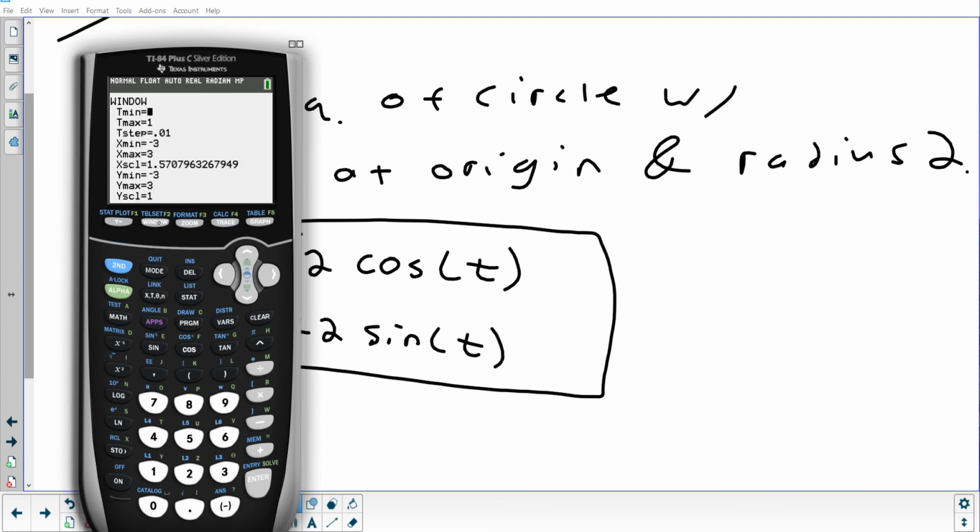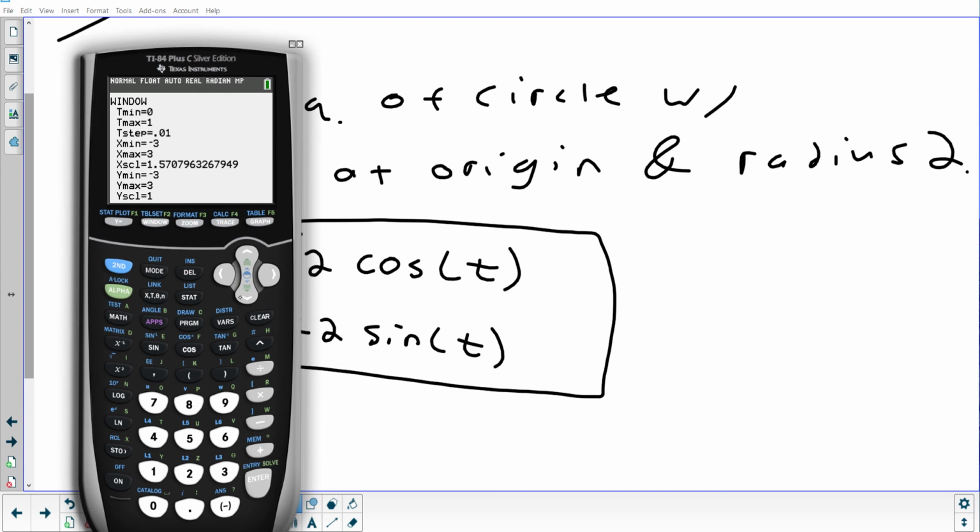Now let's leave it 0 to 1 and see what happens. 0 to 2 pi is 0 to 6.28. So I'm only going 0 to 1, so I don't get a whole circle.